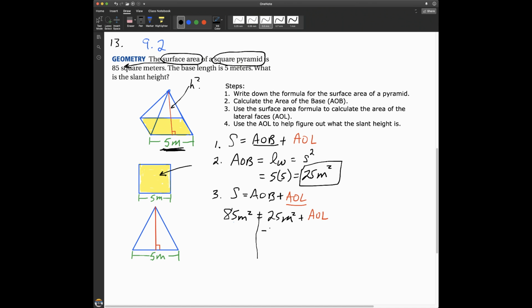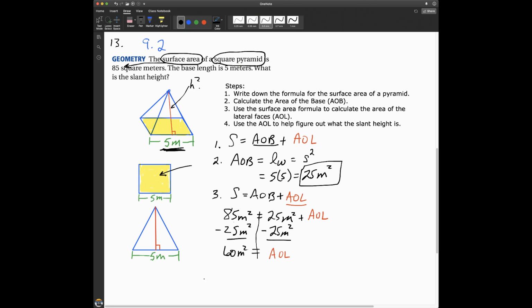All right, so to figure out what the area of the lateral faces is, I need to subtract 25 meters squared from both sides, and then what am I left with? The area of the lateral faces equals 60 meters squared.